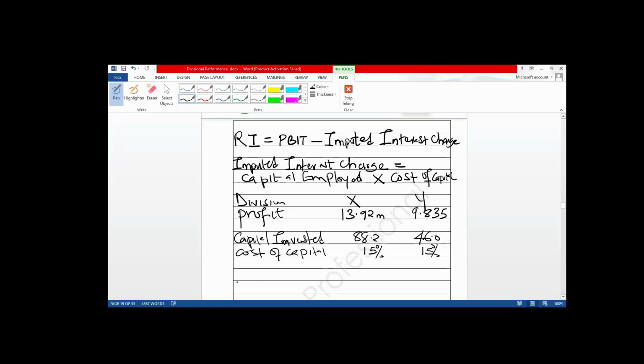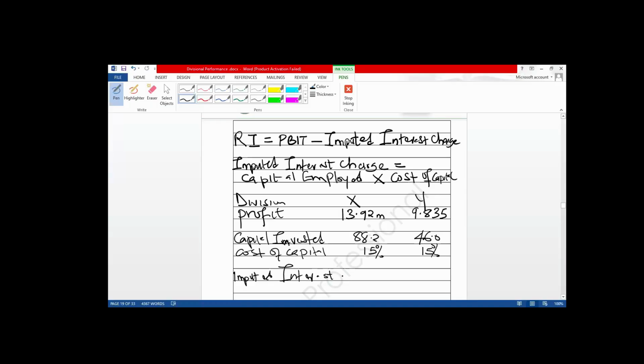Calculate imputed interest charge. Imputed interest is 15% of 88.2, capital employed multiplied by the cost of capital 15%.